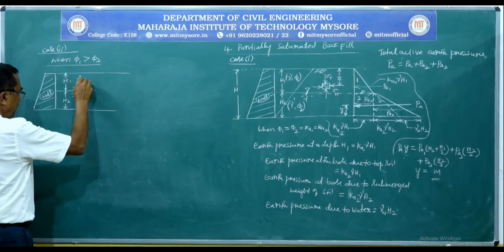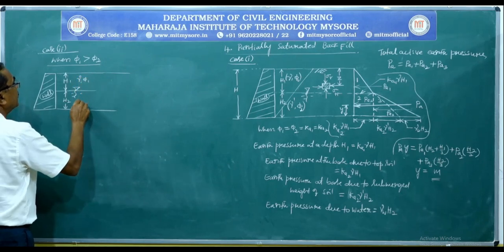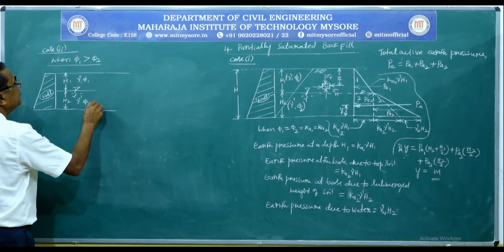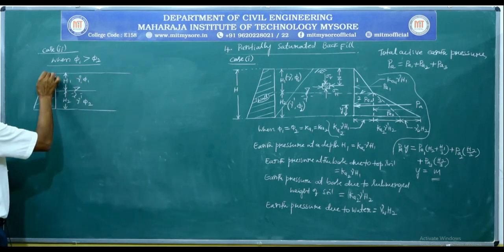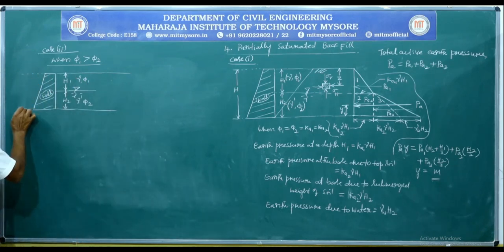So this is gamma and phi 1, gamma dash and phi 2. Let H be the height of the wall.